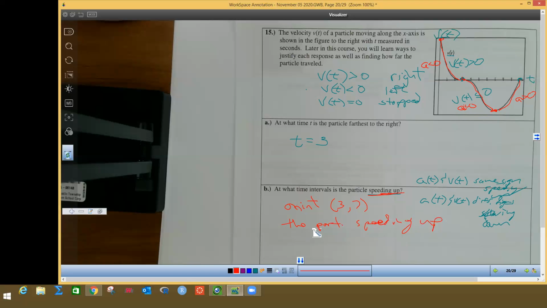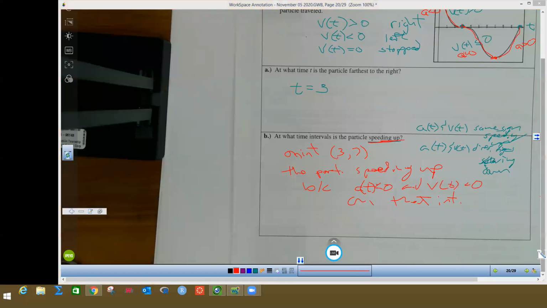The reason is because a of t is less than 0 and v of t is less than 0 on that interval. Is there another one down below there? Nope. Okay, so there's the two problems you wanted.